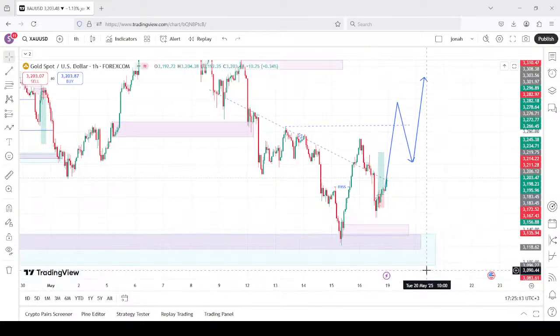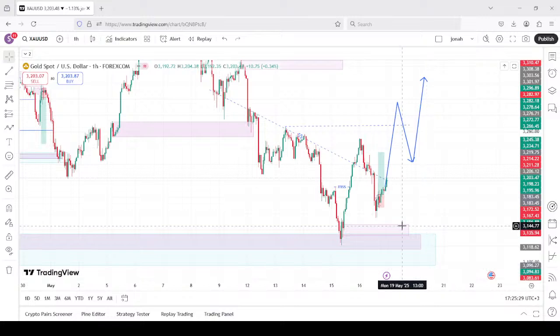So there are higher chances that we are bullish on gold after the confirmations that I have showed you, either a clear break above the previous lower high, then retest and fly higher, or a tap in this order block that we left below here, clear confirmation, then we break higher.